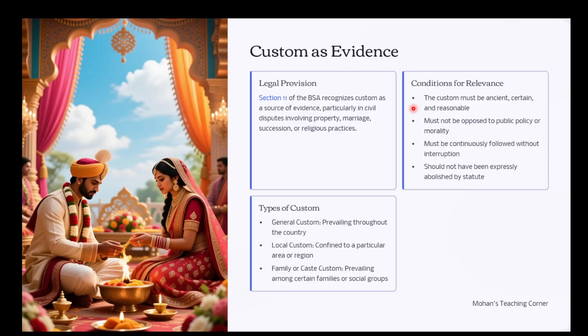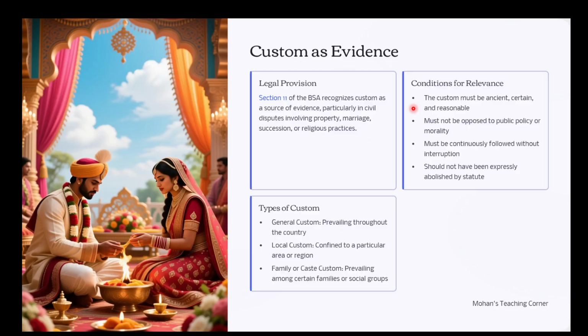Here we are going to distinguish between custom and evidence. Legal provision: Section 11 of the BSA, the Bharatiya Sakshya Adhiniyam, recognizes custom as a source of evidence, particularly in civil disputes involving property, marriage, succession and religious practices.